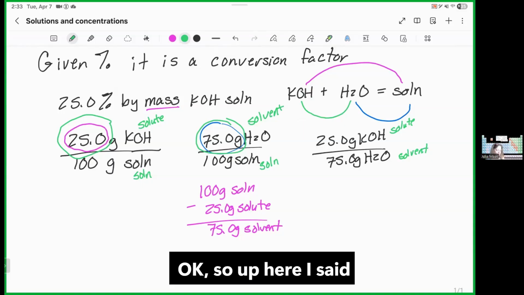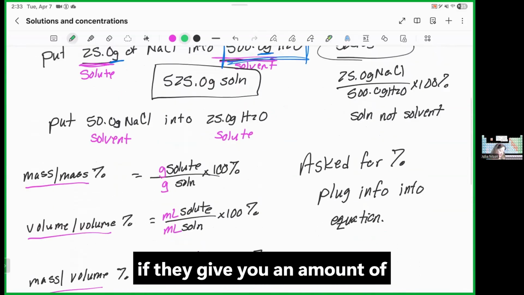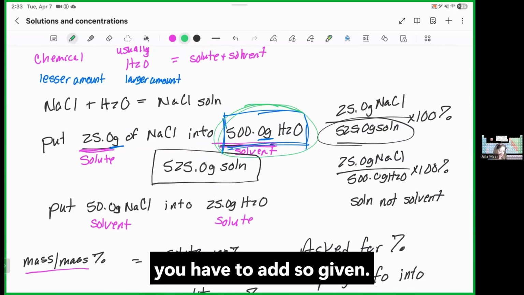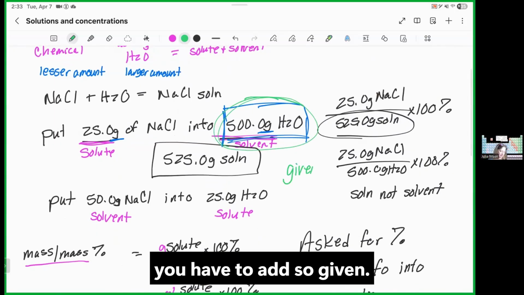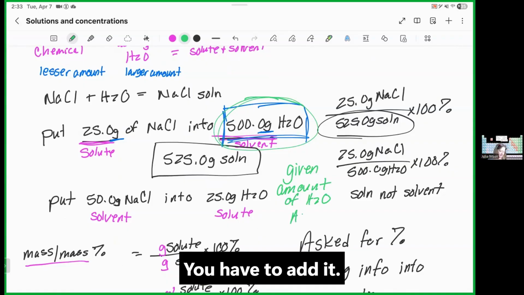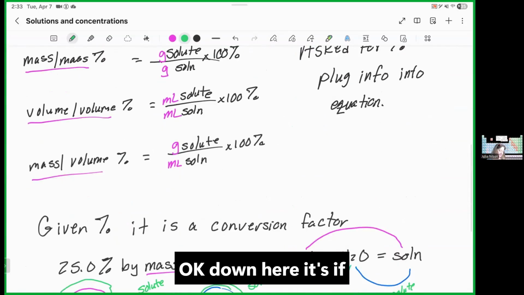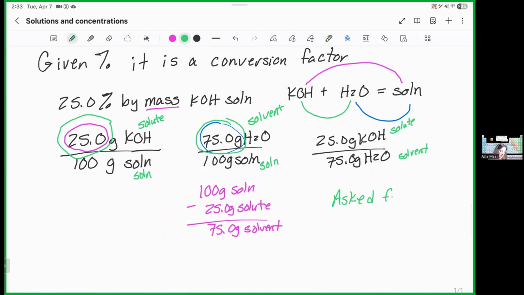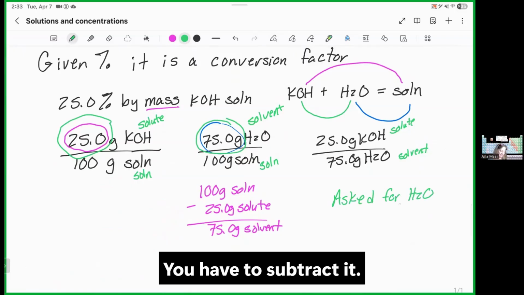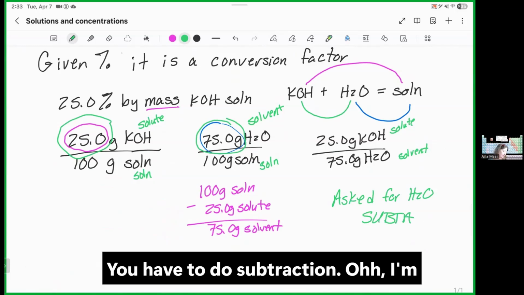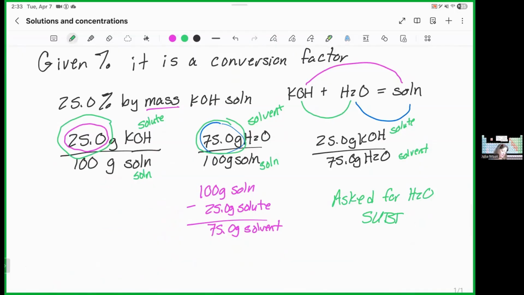So up here I said if they give you an amount of water, given that amount of water, you have to add it. Down here it's if you're asked for water, you have to subtract it. You have to do subtraction.